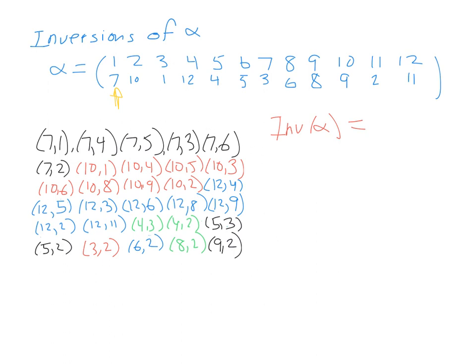And the easiest way of counting them is to realize that I've actually written them in a nice organized table that has 5 columns and 6 rows, and hence the inversion number of alpha is 30. And as a consequence, we know that alpha is an even permutation, because remember, our definition of an even permutation is that the inversion number happens to be even.